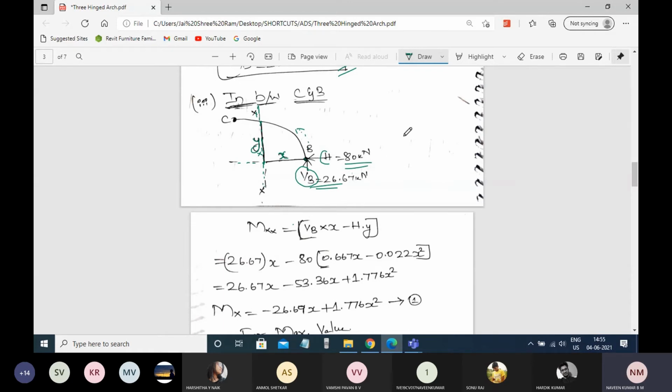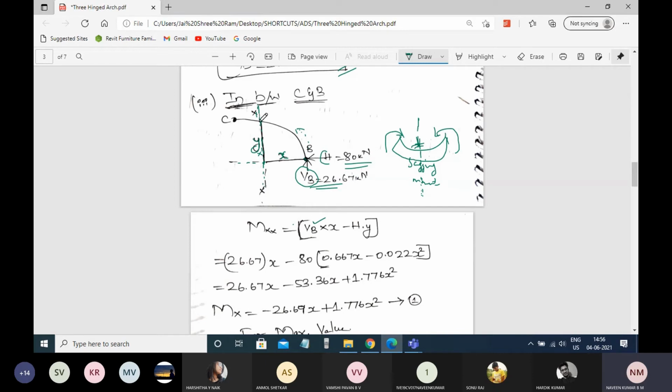From the right hand side, the moment in this direction is considered as positive, sagging moment, understood. So if it is moving anti-clockwise, it is considered positive, this is sagging moment or positive bending moment.